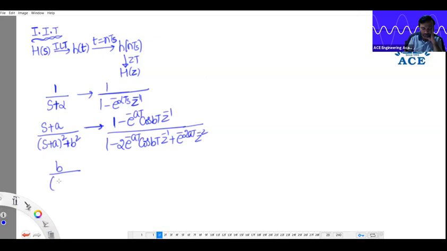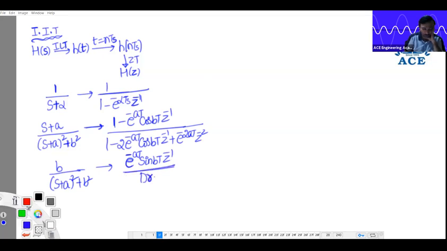The third form is b by ((s plus a) whole square plus b square). Only the numerator changes: e power minus aT sin bT z inverse, with the denominator as it is.